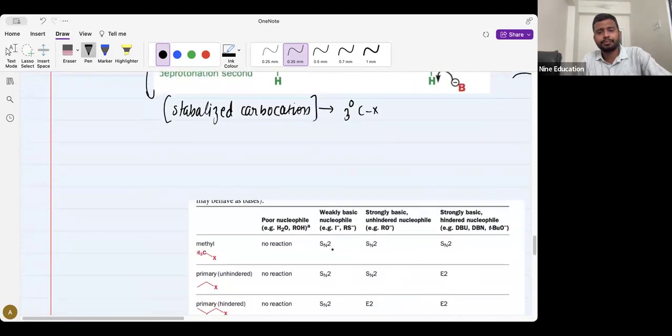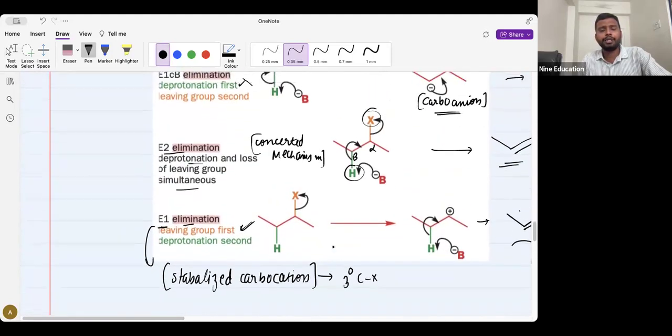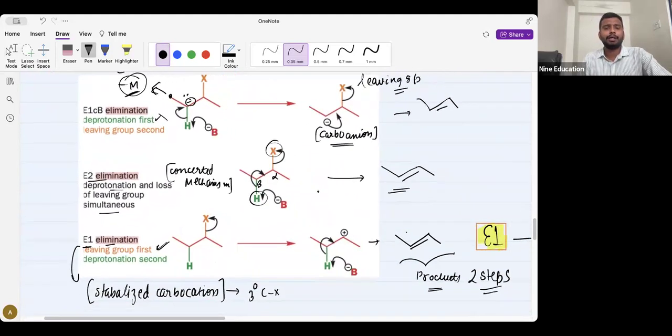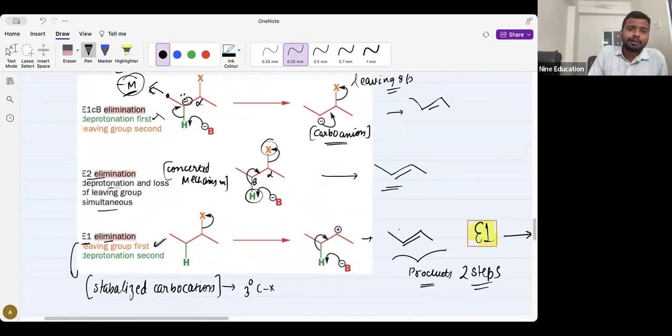So first thing you have to check: this is alpha, this is beta. First, check that there is no -M group with the beta carbon. If there is a -M group, there will be E1CB mechanism.